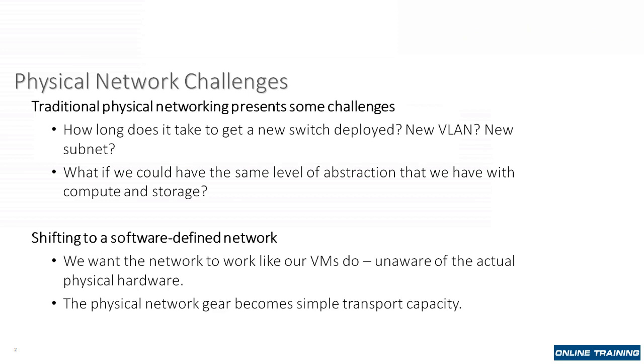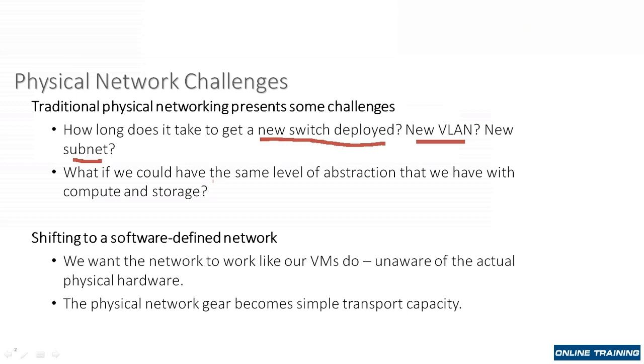So with a traditional physical network, we have some challenges that NSX can help us overcome. And some of those challenges include, how long does it take to get a new physical switch deployed, or a new VLAN, or a new subnet? And what if we could abstract virtual networking from the physical hardware, right? What if we needed a new layer 2 segment?